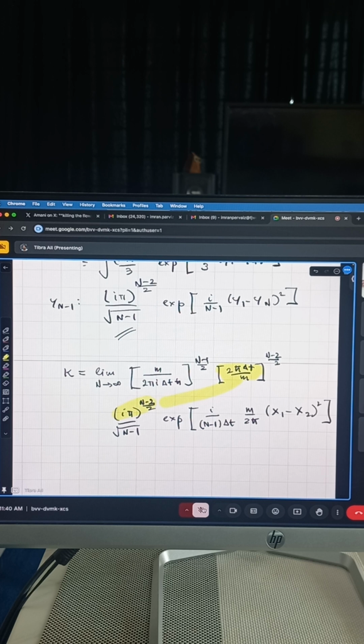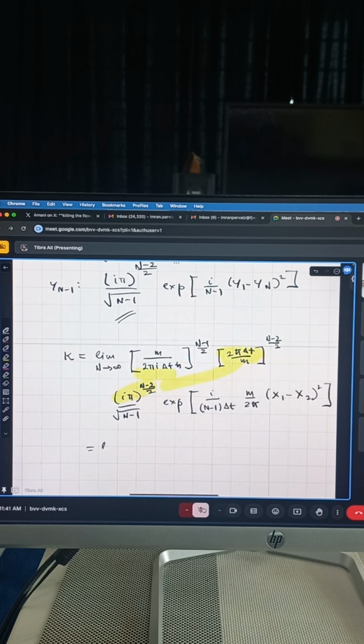So we have the limit where n goes to infinity, and here we have m over, say, 2 pi i delta t h bar, to the power n minus 1 by 2, and over here I have 2 pi i delta t over m, to the power n minus 2 by 2, and then I have a leftover 1 over 1 minus n.